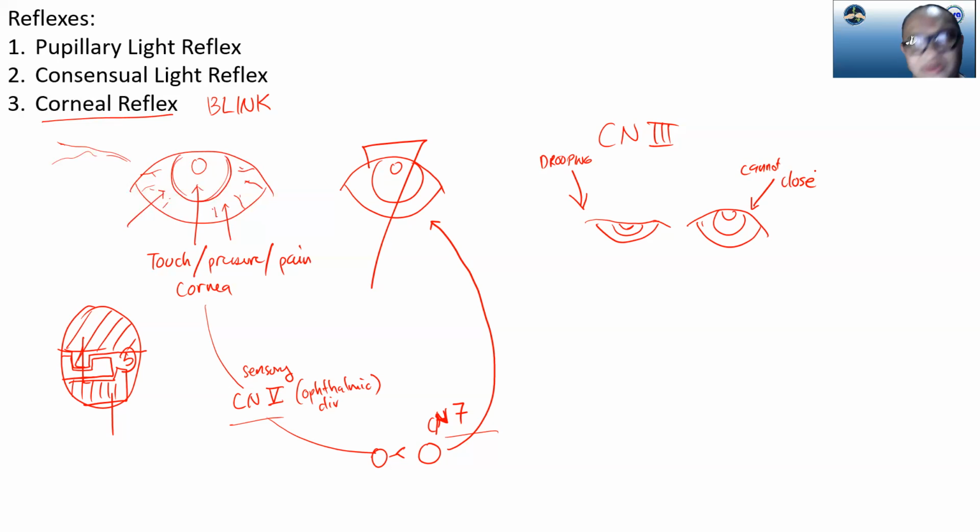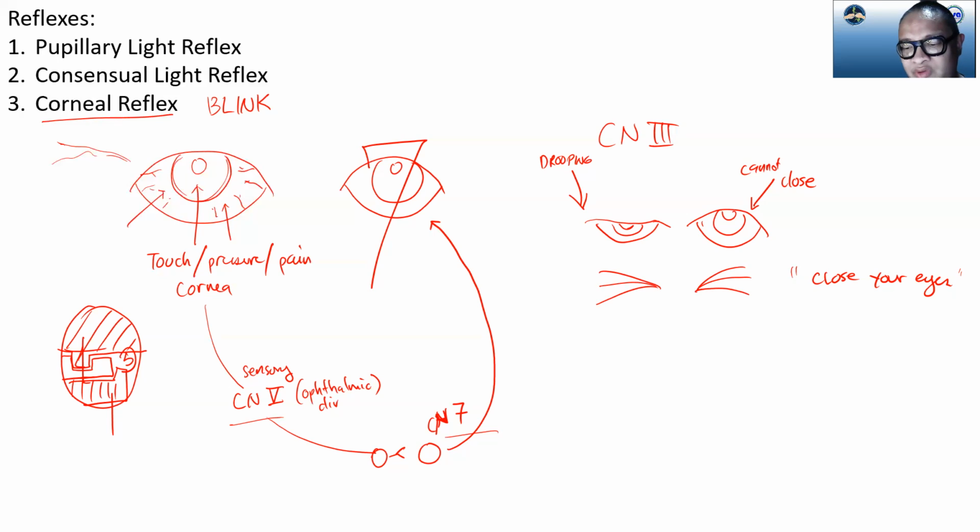So how do you test it? You tell the patient, close your eyes. Let's say the patient closes their eyes and they're able to close their eyes properly.